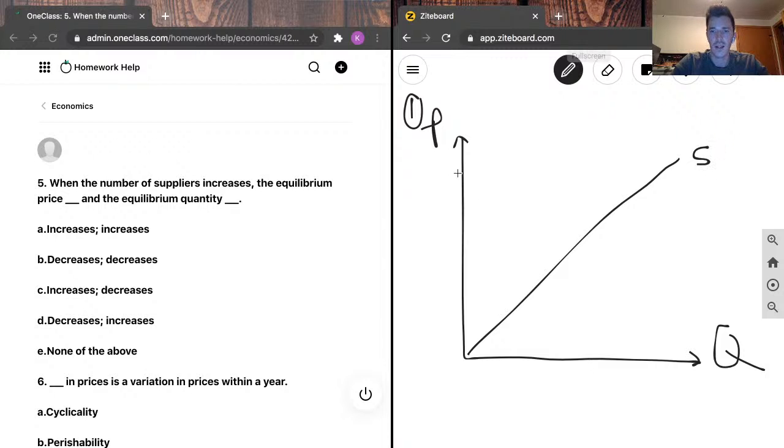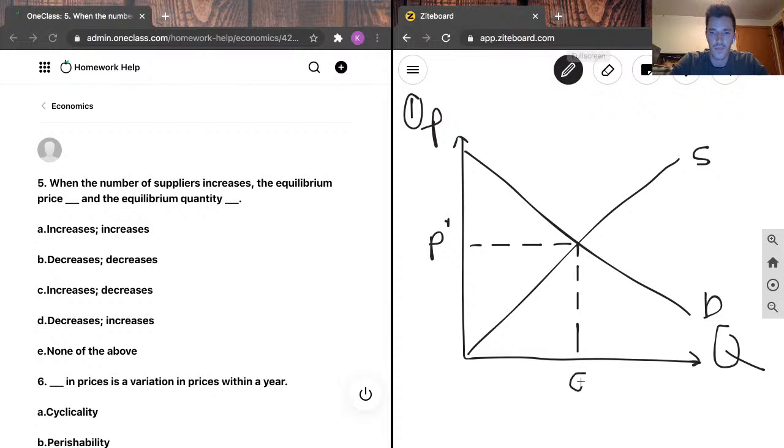Of course, supply is going to slope upwards, and demand is going to slope downwards, and the point where they meet is going to be the equilibrium price or the market clearing price. You know this P star, and the corresponding quantity, we can denote Q star.